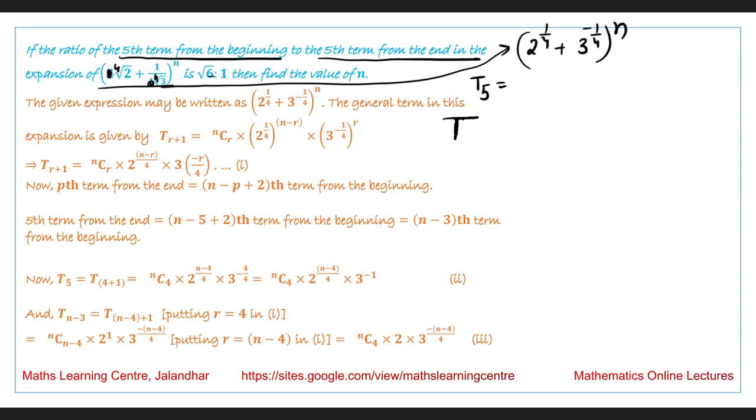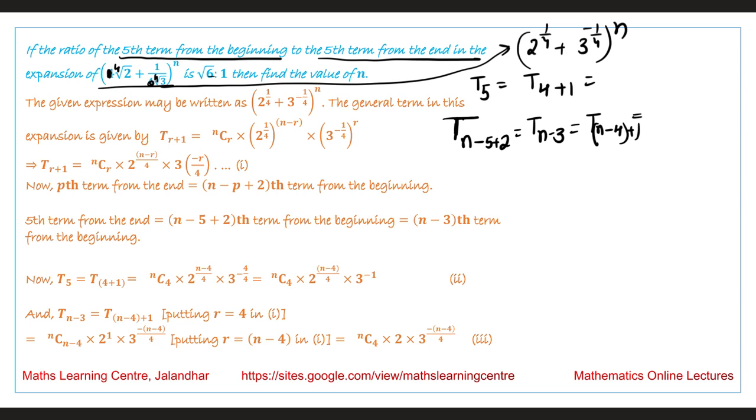Fifth term from the end means we are talking about n minus 5 plus 2, that is t of n minus 3. We can write this as t of n minus 4 plus 1, and over here it is t of 4 plus 1.